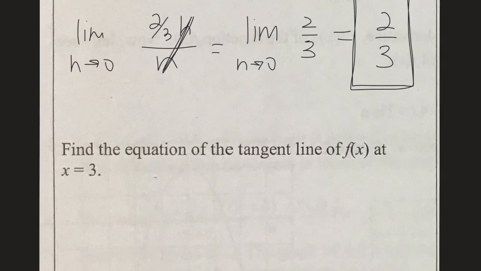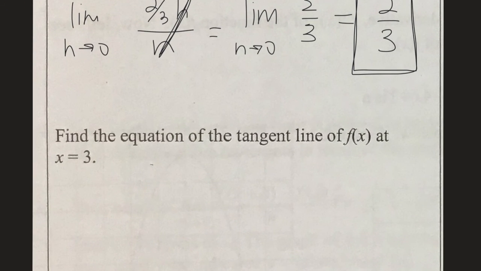Okay, so find the equation of the tangent line of f of x at x equals 3. If we want to write an equation, we need to know two things. We need to know the slope, and the difference quotient will tell you what the slope is. So the slope of that line is 2/3, and we need to know the point. We know the x value is 3, but what is the y value?